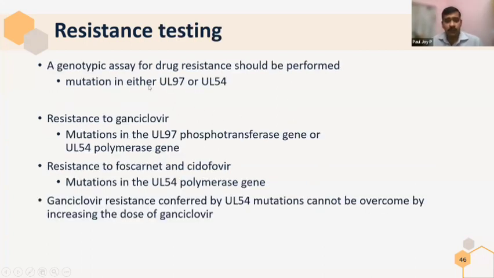So as told, when resistance is suspected, a genotypic assay for mutation in UL97 or UL54 can be done. When there is mutation in UL97 or UL54, there is resistance to ganciclovir. And when there is mutation in UL54, there is resistance to foscarnet and cidofovir. Ganciclovir resistance conferred by UL54 mutation cannot be overcome by increase in dose of ganciclovir.